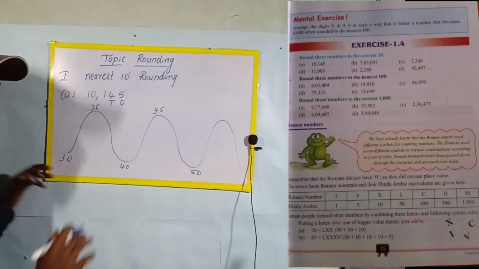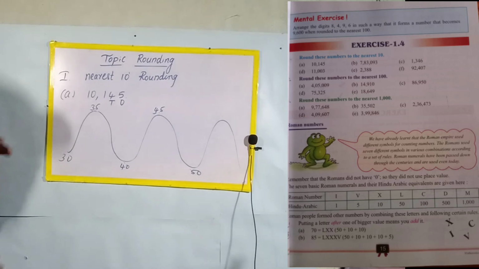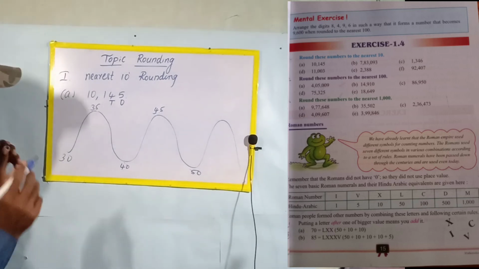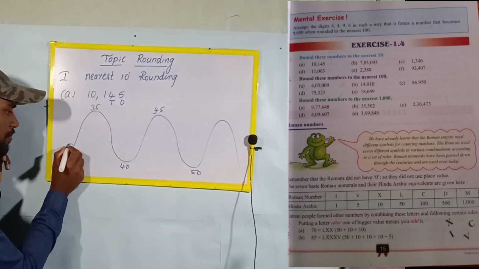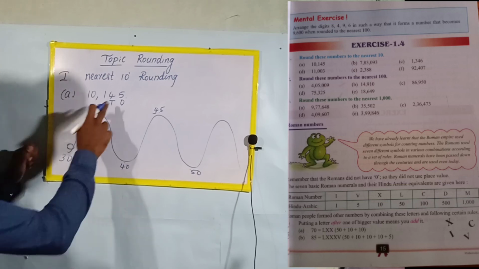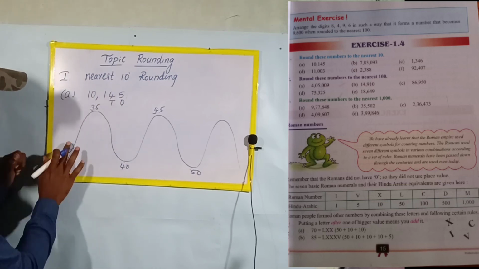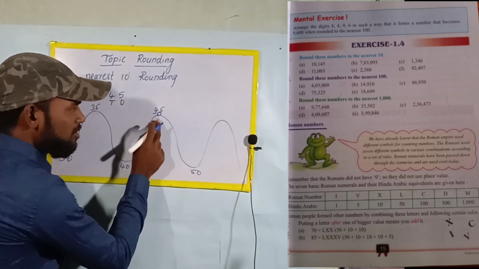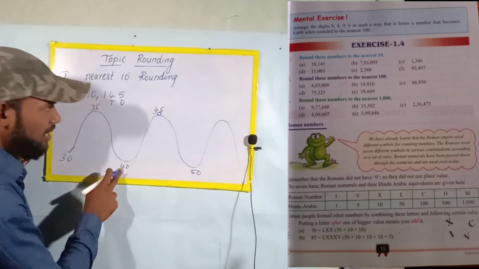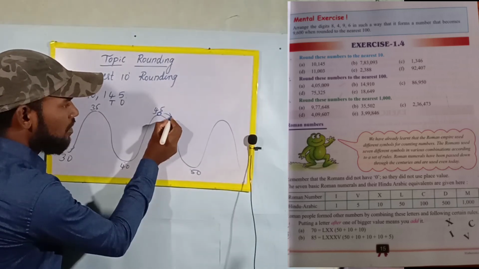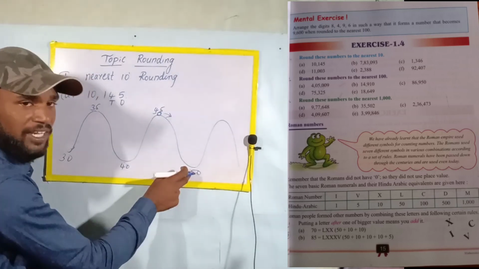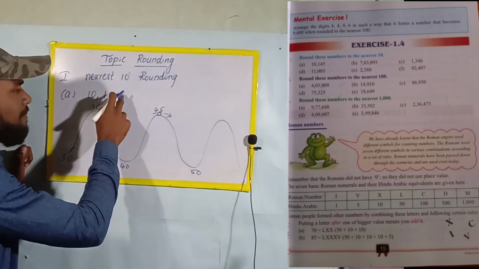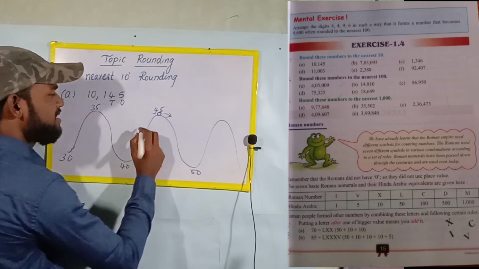Just imagine this wave-like structure. For example, we take one small ball. Here 45 is there, so the ball is here. This ball will move here or move here. This ball goes to 50, nearest to 50. Suppose 43 is there.